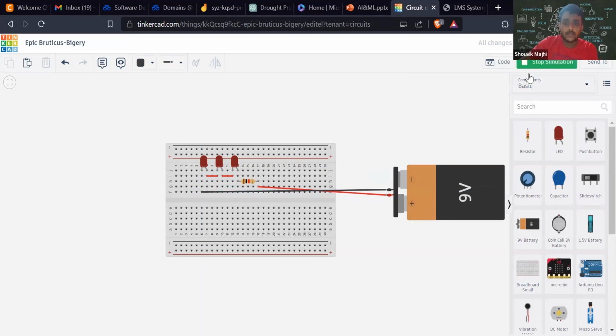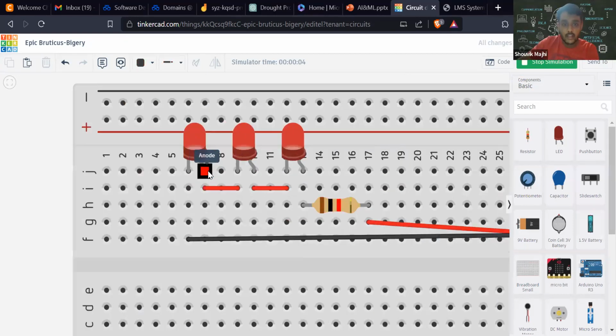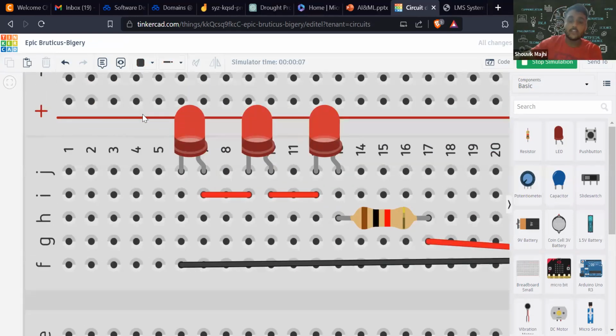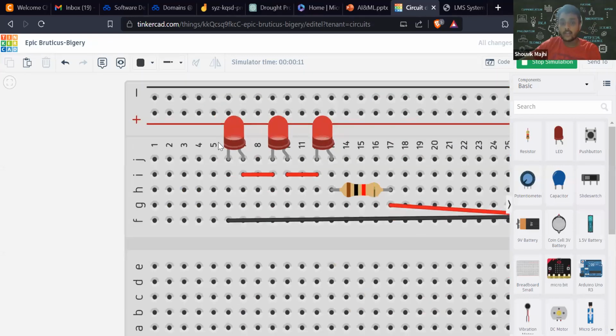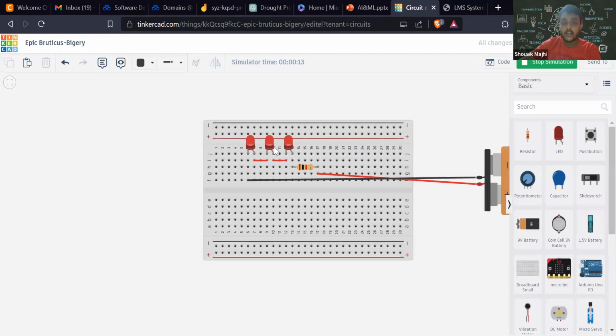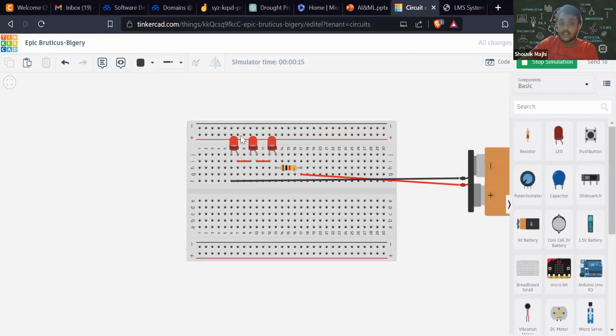When I go to start simulation, see, all the LEDs are glowing in series. Since it's a simulation, you can't see the actual difference in the intensity of the LEDs. If you try it at home, you will see the first LED at the brightest, the next a little dimmer, and the third at the lowest brightness.